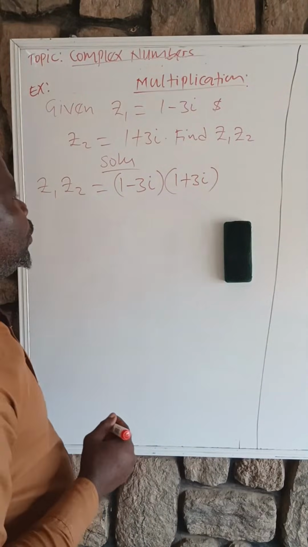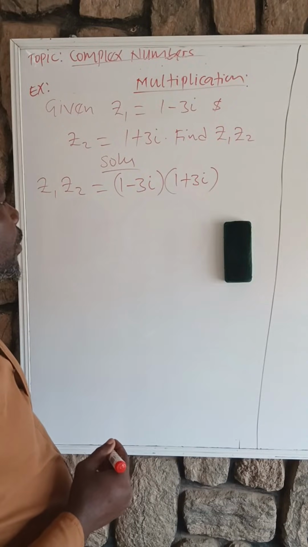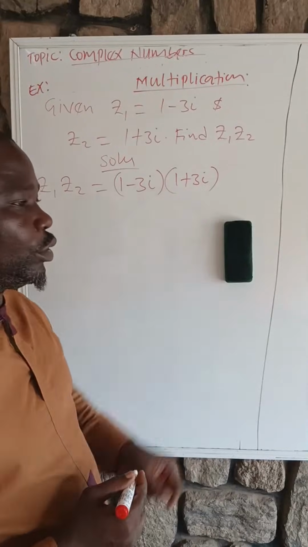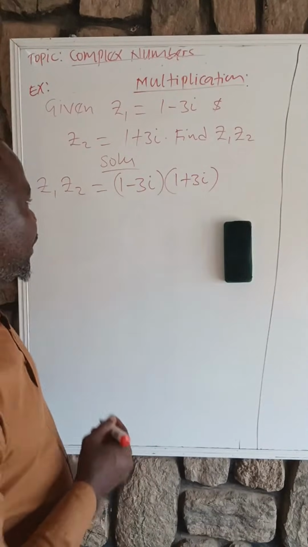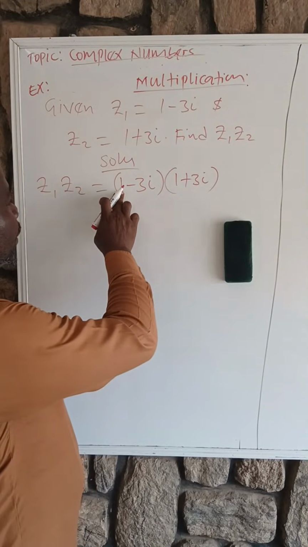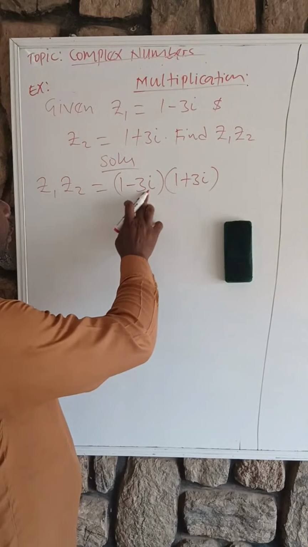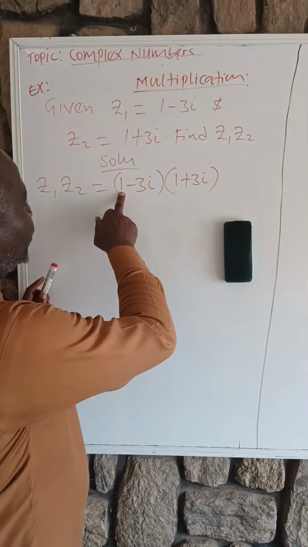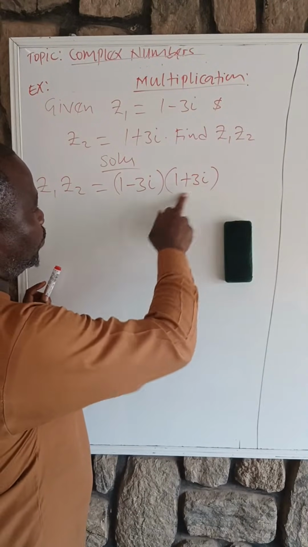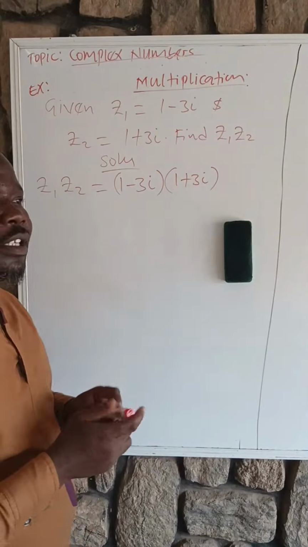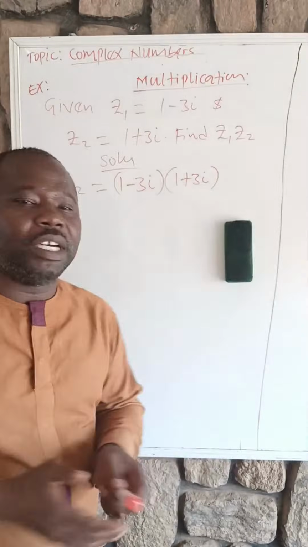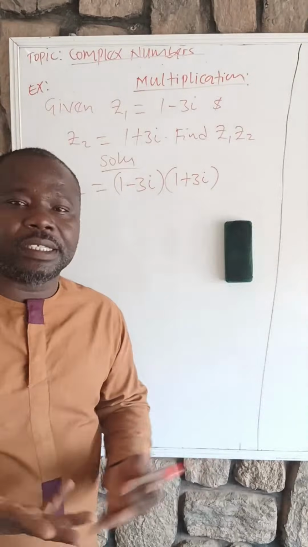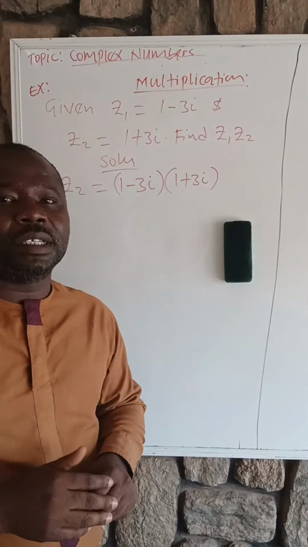We have to multiply out the two brackets. This is our real part, this is our imaginary part. So what you need to do here is use the real part to multiply out the second bracket. Then after that, you use the imaginary part to multiply out the second bracket. Then you collect like terms, add or subtract.